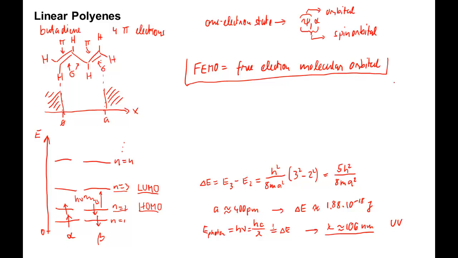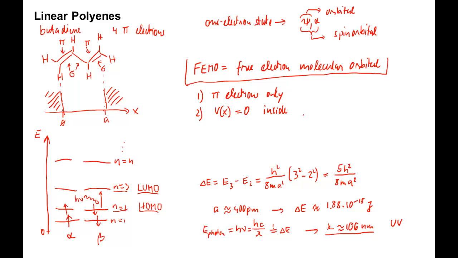It's important to realize that this very simple model is a very crude approximation. We've made the following simplifications. First, we restricted ourselves to pi electrons only. Of course, this is a simplification because there are many more sigma electrons. Second, we assumed that the potential energy is flat within the box, V of x equals 0 inside.